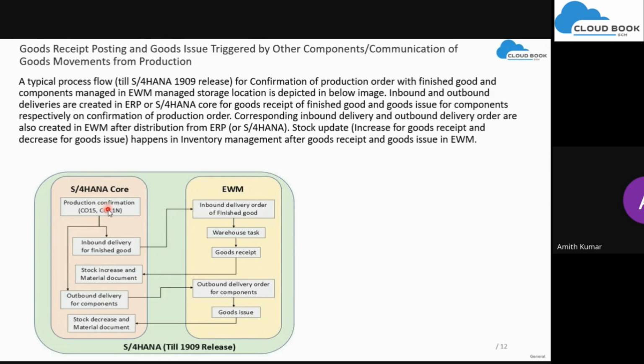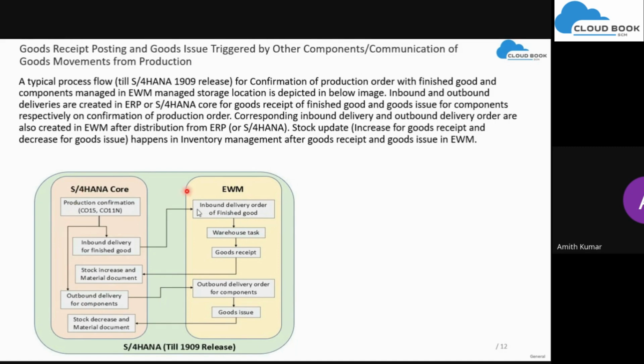And even for the goods receipt part, you can see that an inbound delivery is getting created, and that inbound delivery is getting distributed to EWM, and we create a warehouse task, and the goods receipt posting happens, right? So there are two documents getting created. One is the inbound delivery document, for receiving the finished goods, and one is the outbound delivery document, for the consumption of the stock available in the PSA, right?